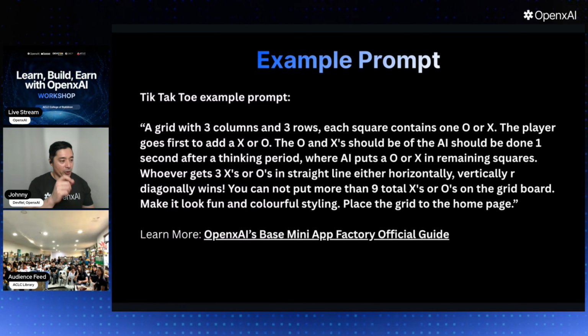So the person draws an X or O, and then after a second, the AI will respond and put the opponent's X and O, and then they compete together to form 3 X's or 3 O's in a straight line, whether that's horizontal, vertical, or diagonal. So I specify all the rules of the thing I'm trying to build.